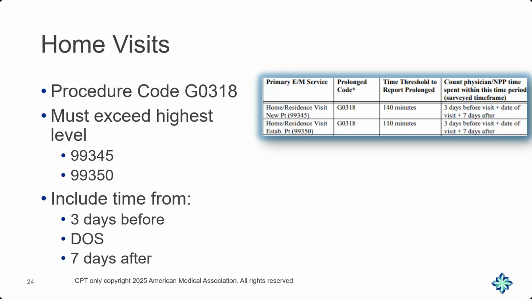But if you look in the chart, you'll see that you are going to need to meet that 140 and that 110. But again, here you do have a little bit more leeway as far as what time can be counted and when that can occur. It's up to 3 days before the date of service and 7 days after.